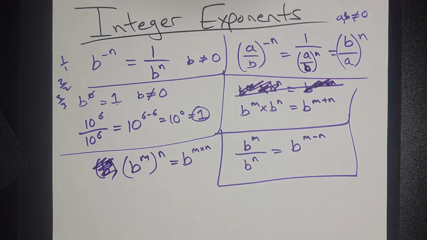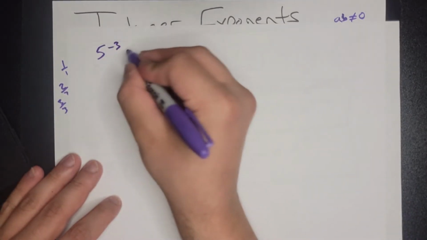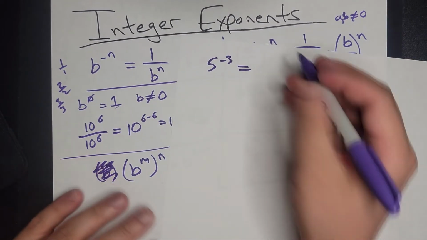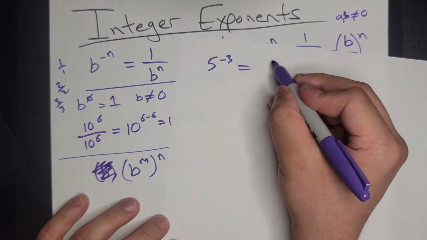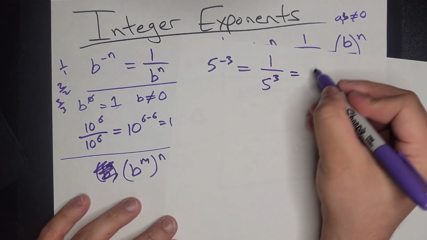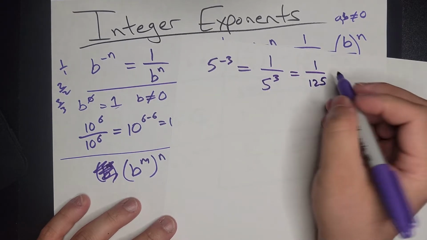Let us look at some ways we could find these things useful. Let me just give this some space here. Say I had 5 to the negative 3. From our previous understanding, that is 1 over 5 cubed, which is 1 over 5 times 5 times 5, which is 1 over 125.